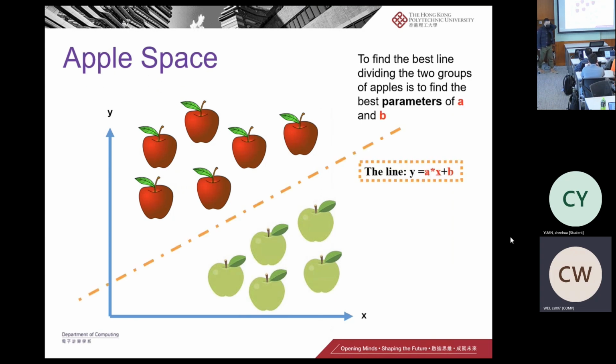Basically, it's the same as what we had last week, but I'm going to give you more details. As I mentioned last week, to separate red apples from green apples, you can draw a line in the feature space, because we already have that feature space by collecting information. The line can be represented with y equals a multiplied by x plus b, something like that.